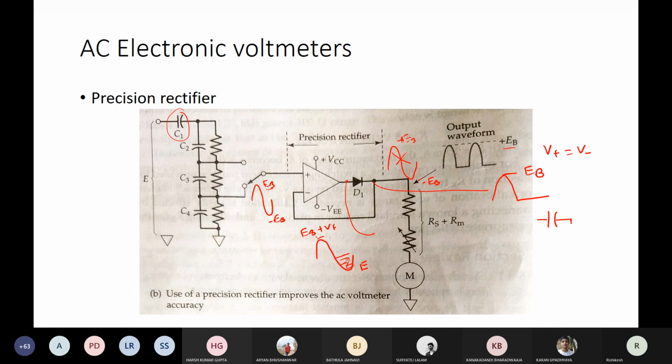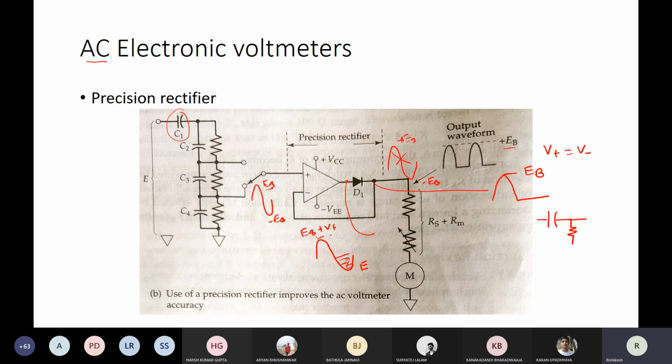High pass filter for what purpose? So that low frequencies can be singled out. Yes. We are measuring an AC quantity, isn't it? So we want to make sure that DC quantities are filtered out before the AC quantity is measured. So the DC is first filtered out by using this capacitance in series.